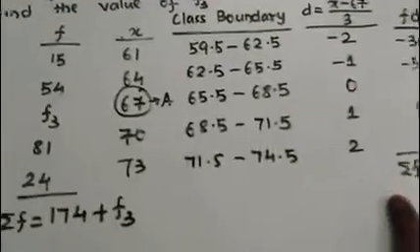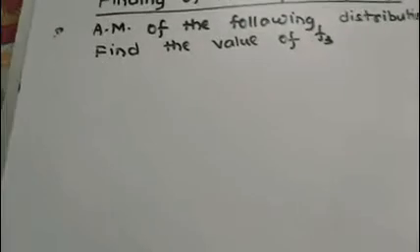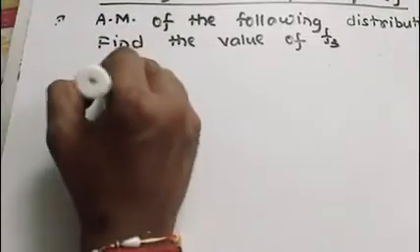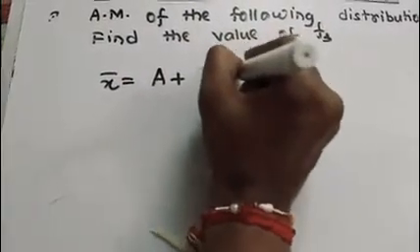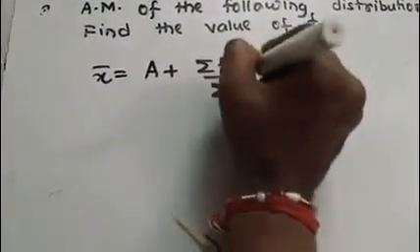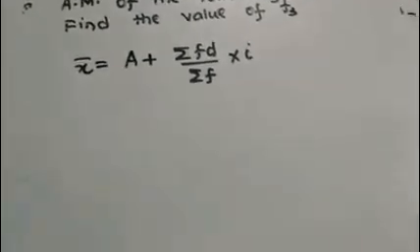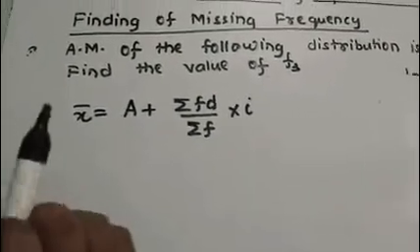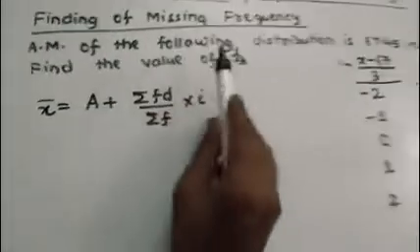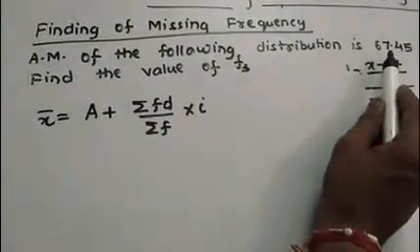Now just using the formula. Okay, now the calculation part. X bar equals a plus summation over fd divided by summation over f into I. Now read the question again. Arithmetic mean of the following distribution is 67.45.